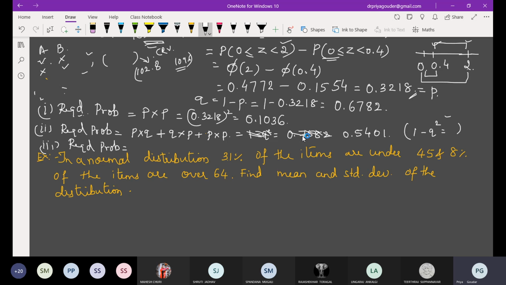What is another possibility? Both not having. Because if both are having, it goes beyond 1, it becomes 2, but at most 1 means we cannot take both having.